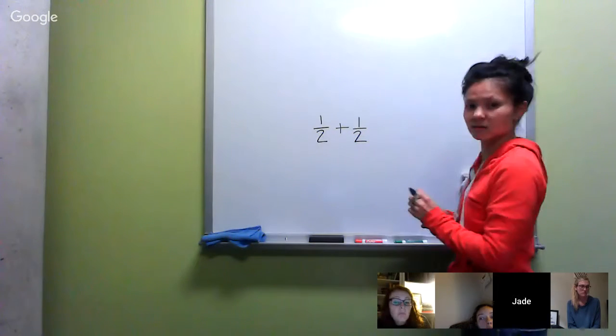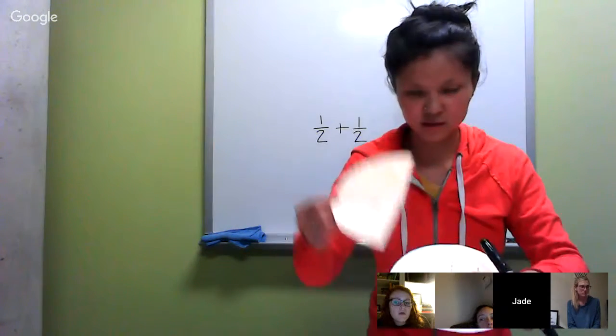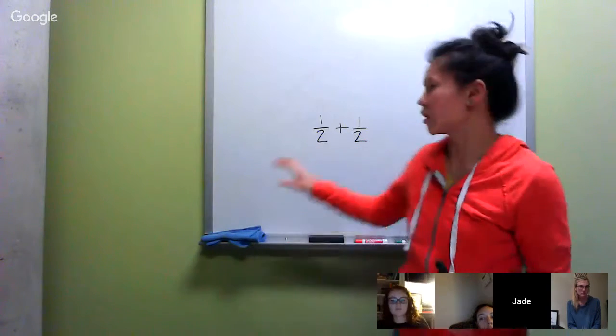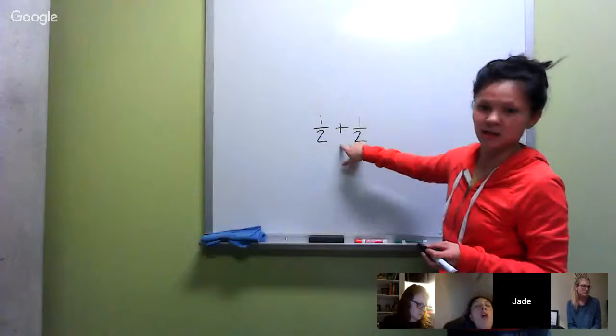And so then, oh, sorry, since you put down the other 1/2 on the circle, I want you to write on your piece of paper the other 1/2 with the addition sign.